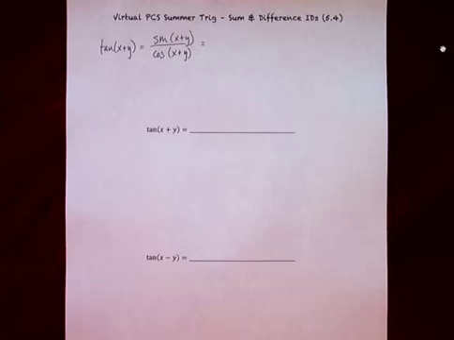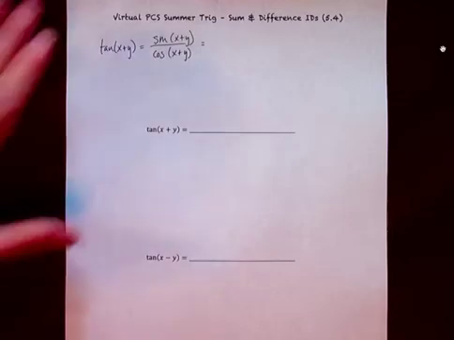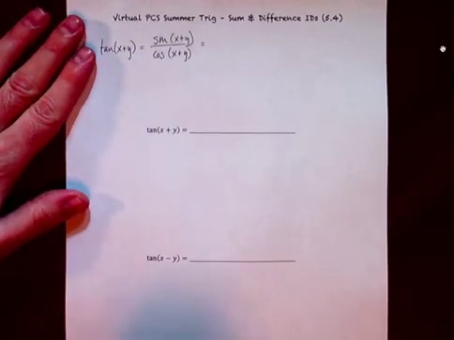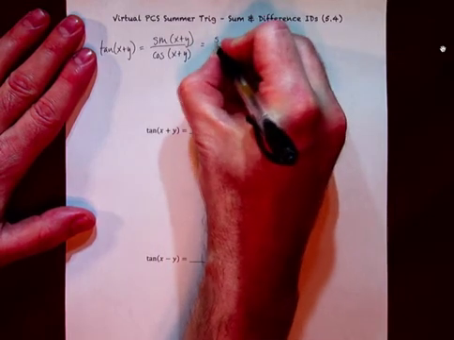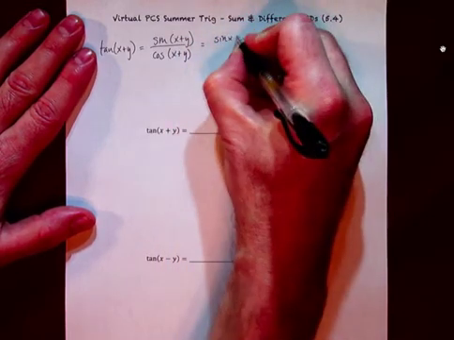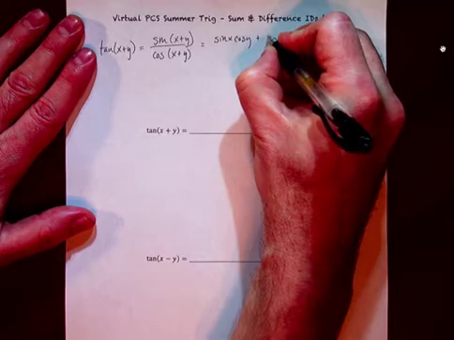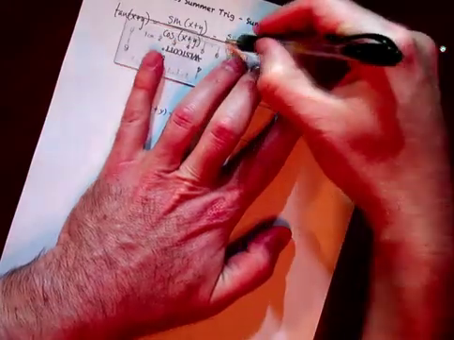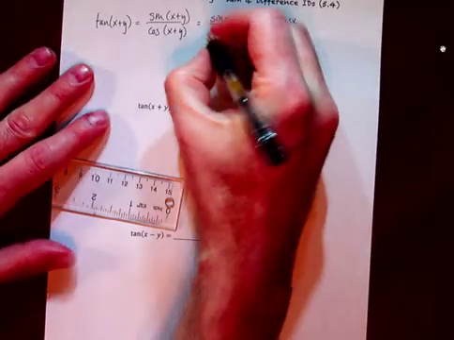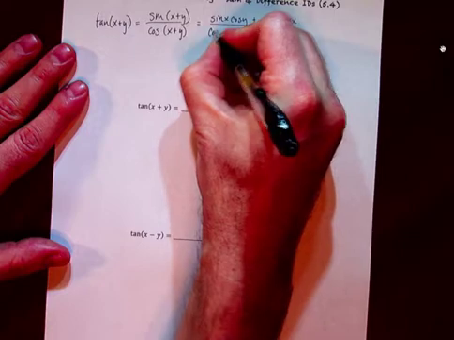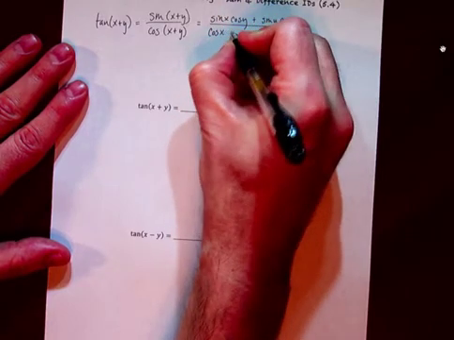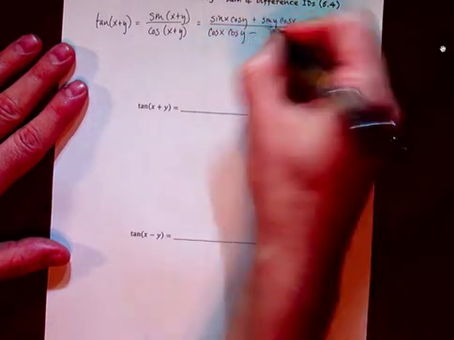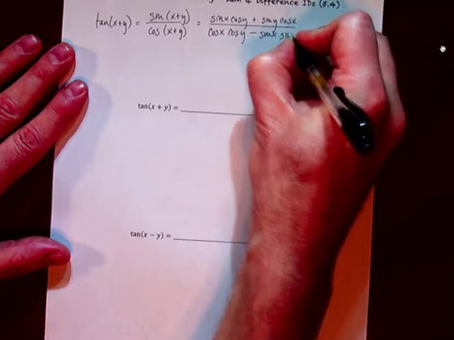Well, I know what sine of x plus y and cosine of x plus y are. Sine of x plus y is sine x cosine y plus sine y cosine x, and cosine of x plus y is cosine x cosine y minus sine x sine y.